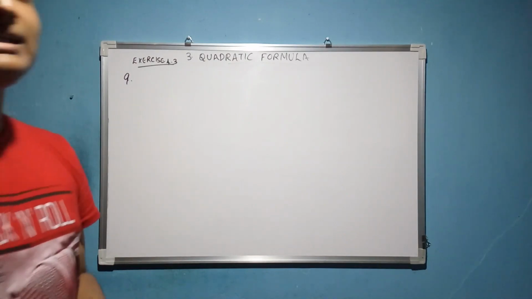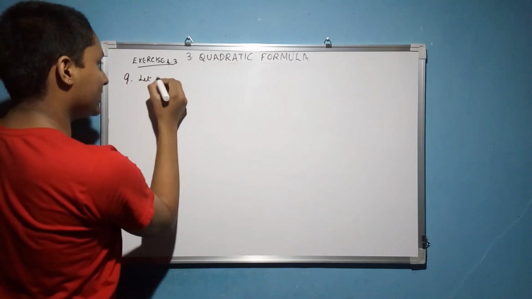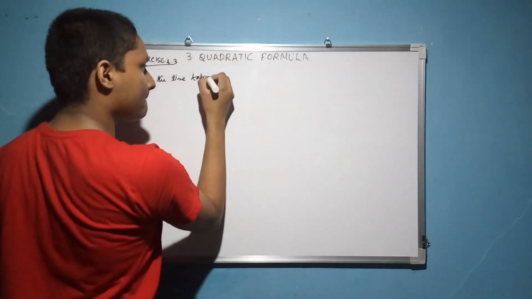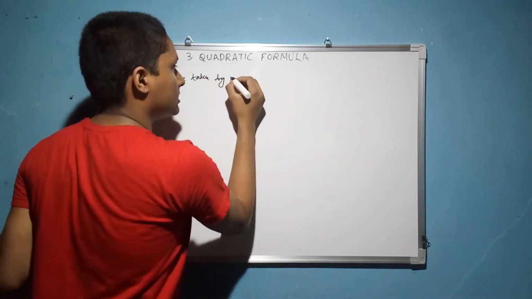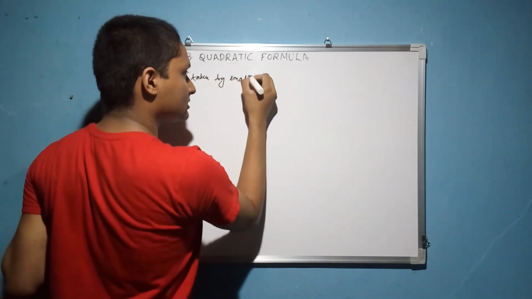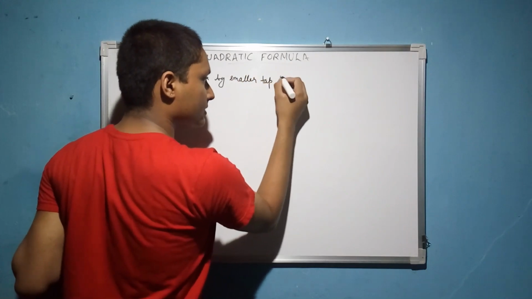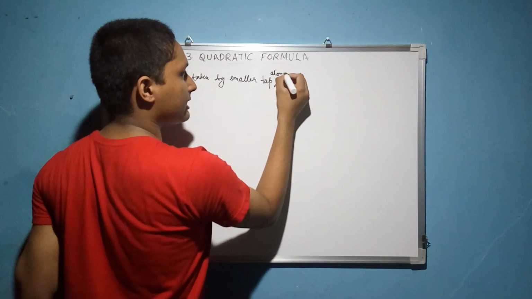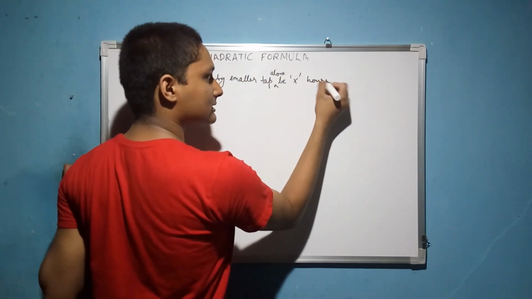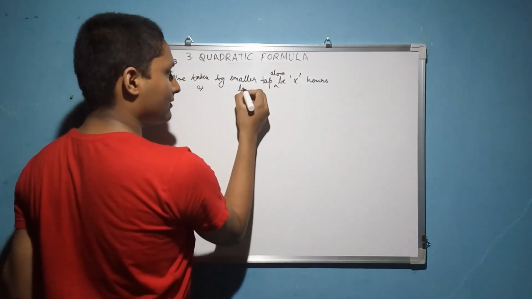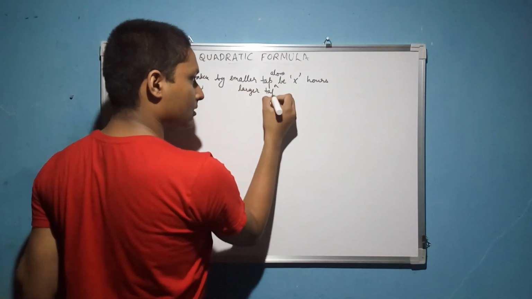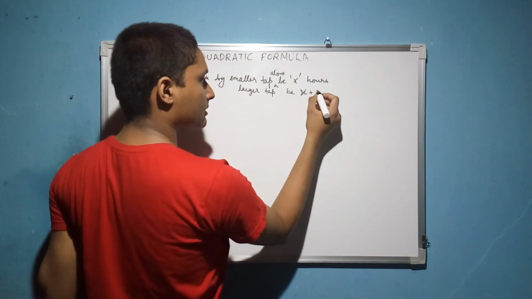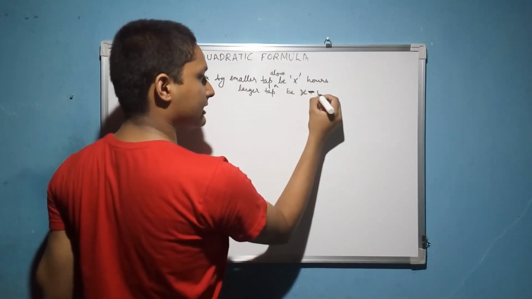Okay, so we'll let the time taken by a smaller tap alone be x hours, and that of the larger tap be x minus 10 hours.